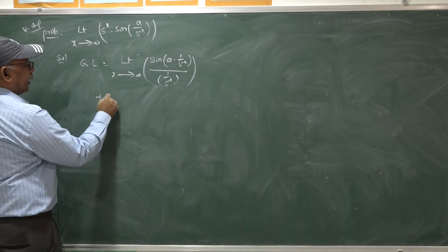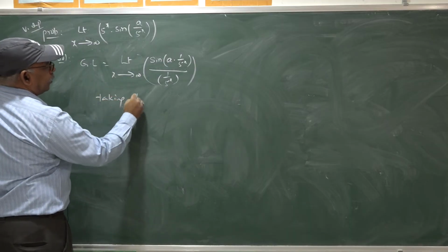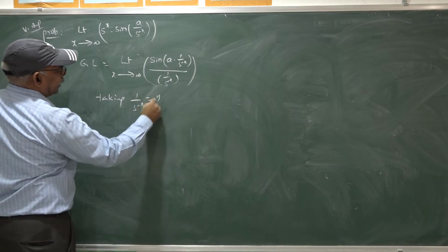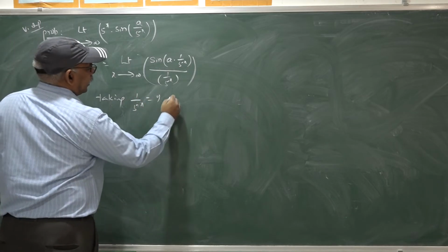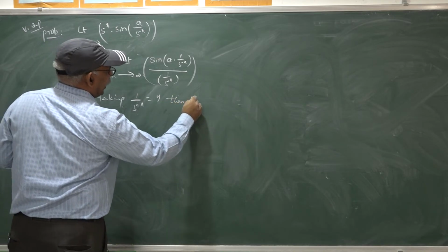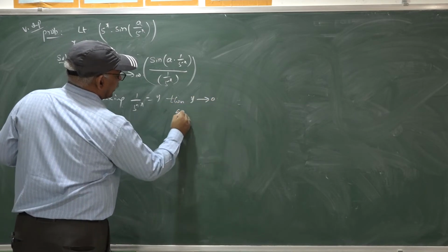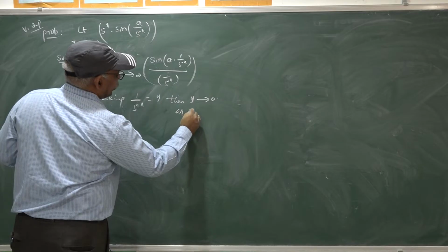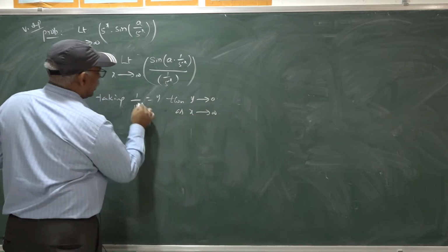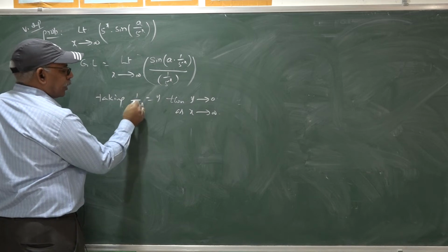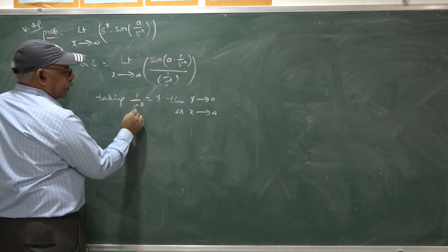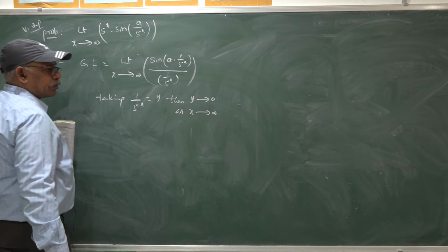Taking 1 by 5^x as y, then y goes to 0 as x goes to infinity, because 5 power infinity is infinity, and 1 by infinity is 0.